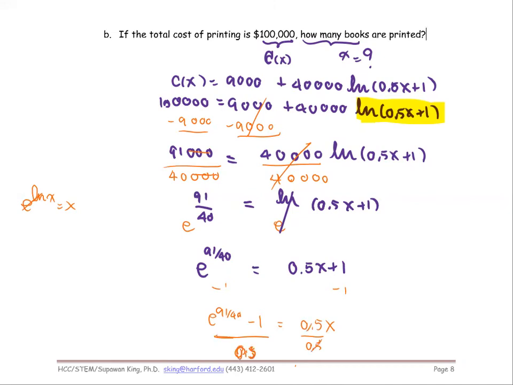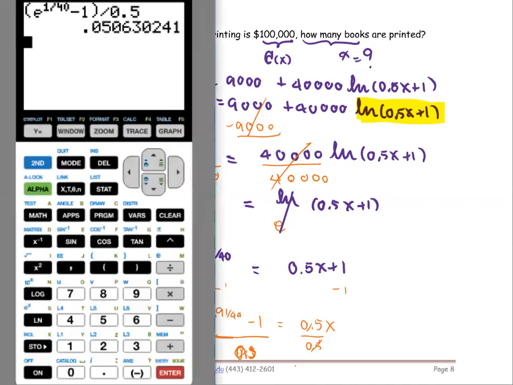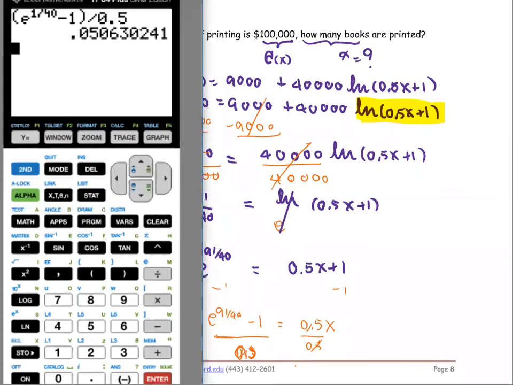And put it in the calculator to get the number out for us. Open the parentheses, e to the power, which is the notation above the ln button.